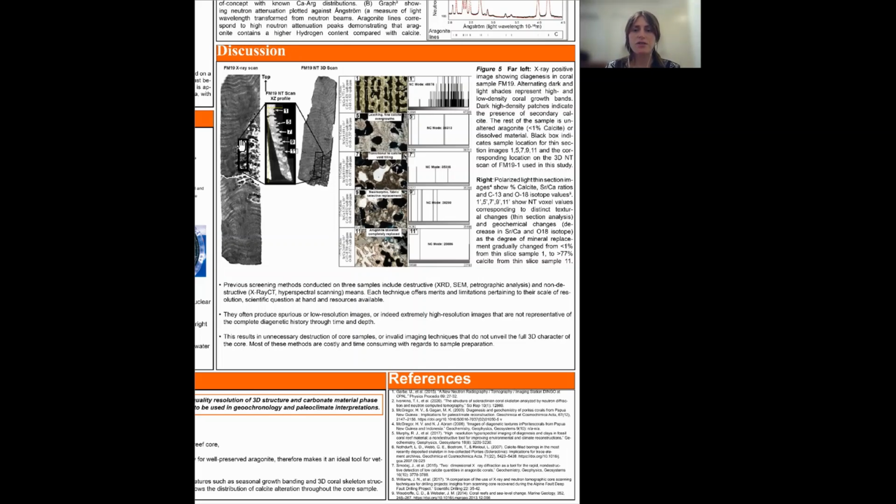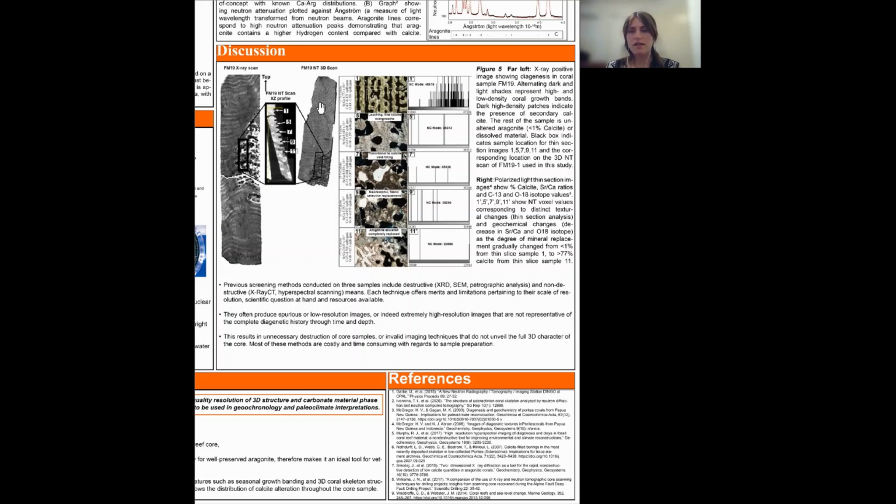And it's found across this study and the previous 2 studies that there is a gradual transition zone of calcite mineral replacement across this black rectangle. The NT scan also shows seasonal growth banding and the 3D structure.